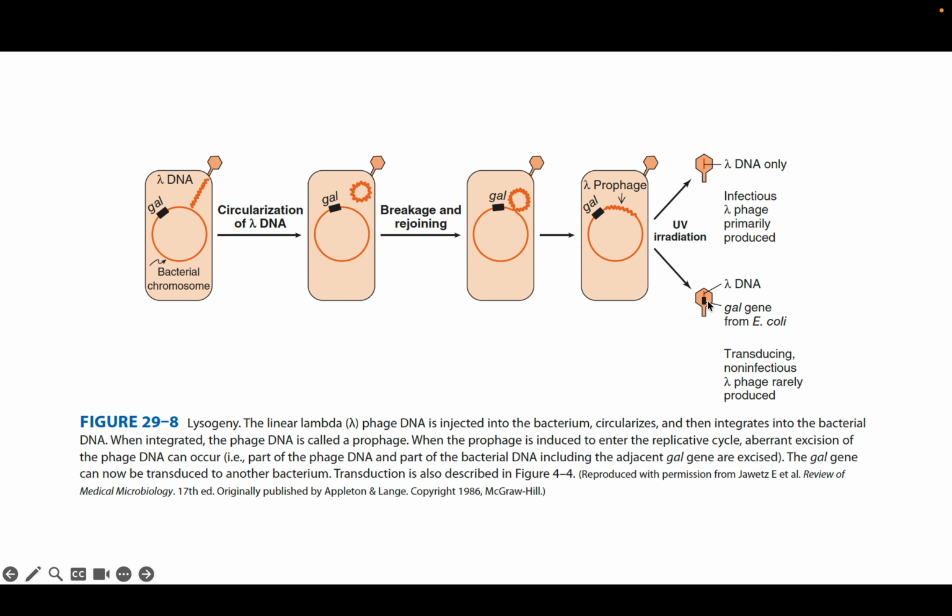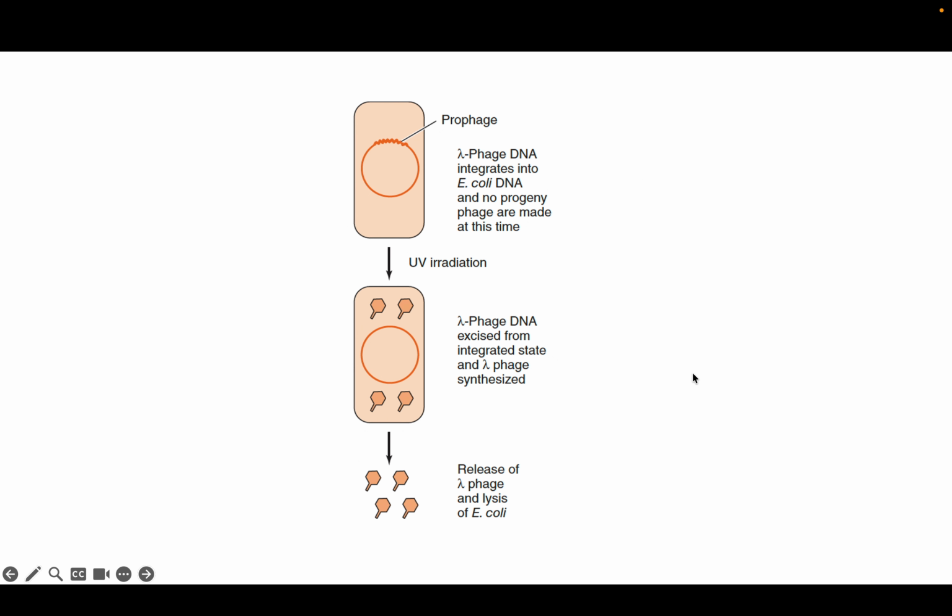It has now a bit of the genome of the E. coli here, so it's not infectious. As I said, UV radiation can cause the lysogenic phase to go into the lytic phase. It pushes the prophage to be removed and to start to translate and create more bacteriophages.